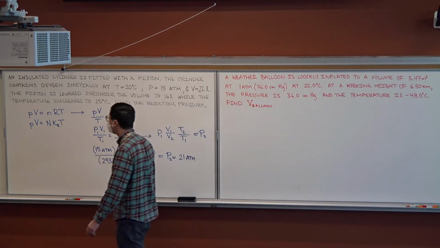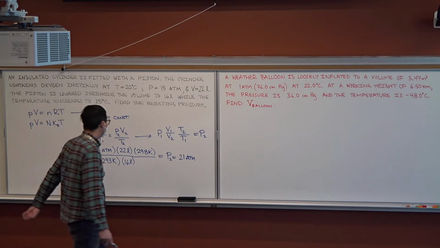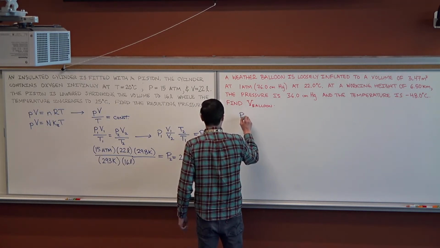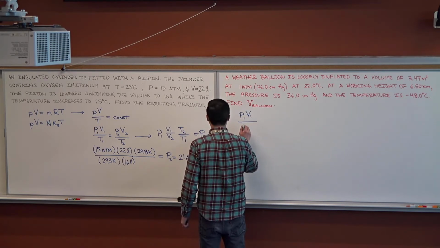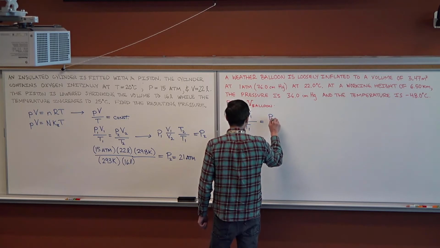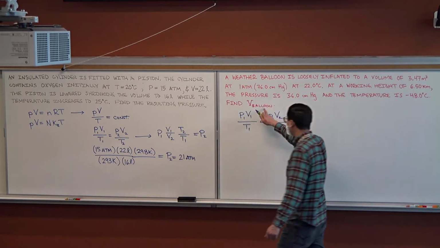We can follow a similar process to what we did here. This time we want to find the volume of the balloon. If we start from P1 V1 over T1 is equal to P2 V2 over T2, again we want to find V2.